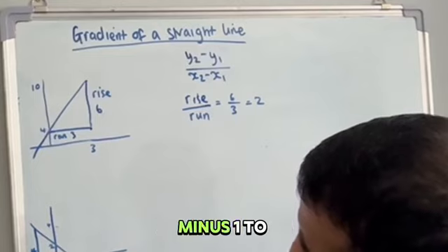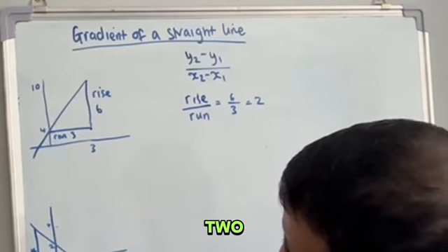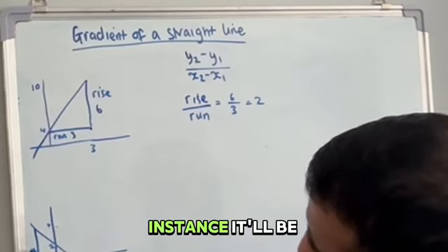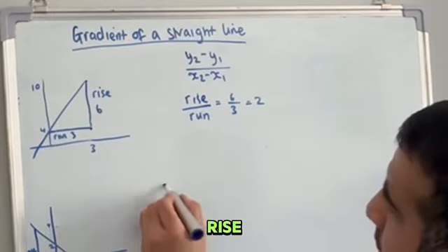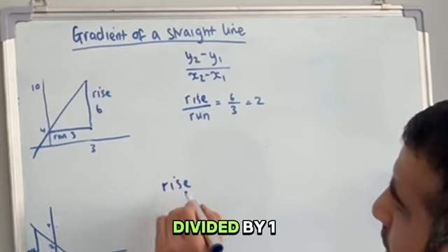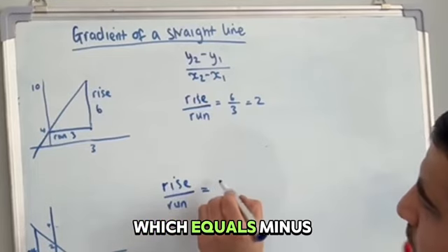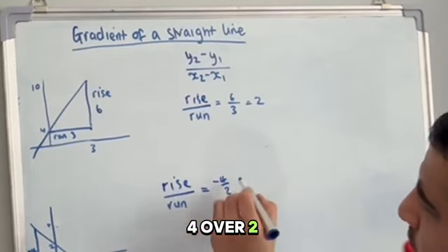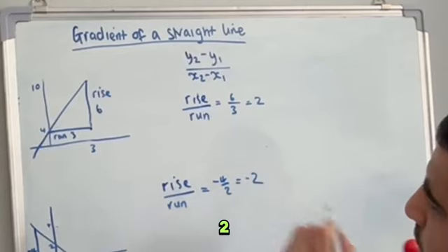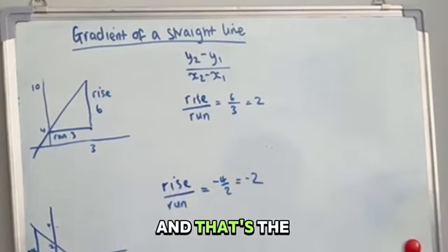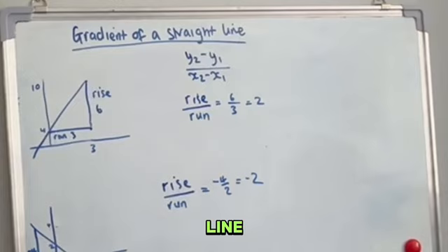And then from minus 1 to 1, we're adding 2. So in this instance, it will be rise divided by run, which equals minus 4 over 2, which equals minus 2. And that's the first part of gradient of a straight line.